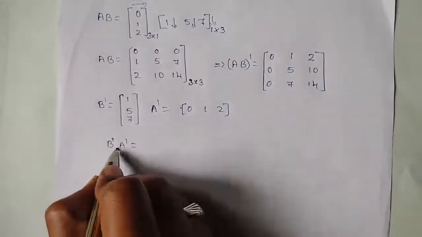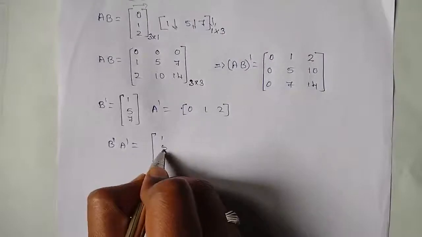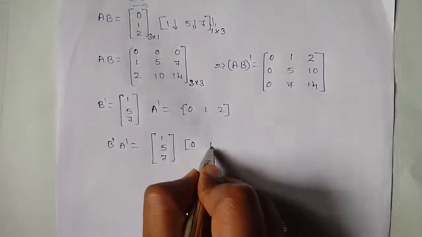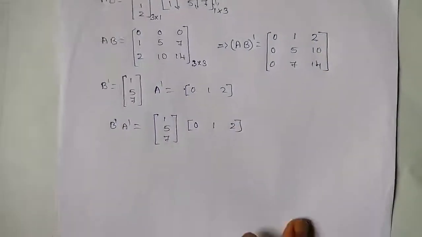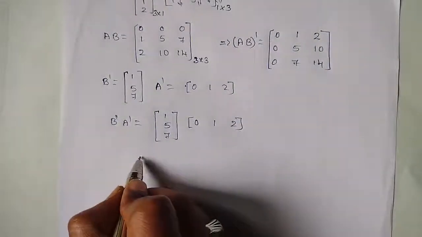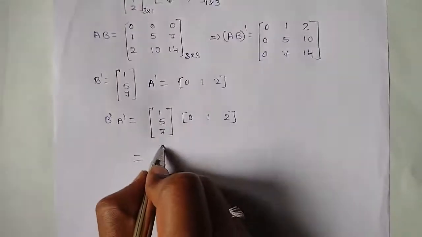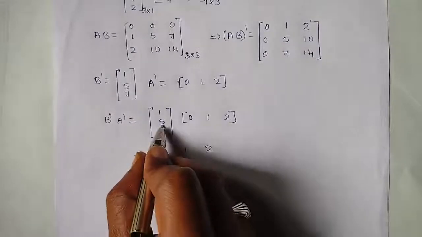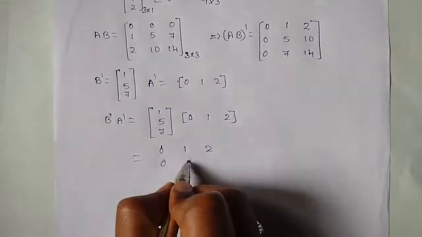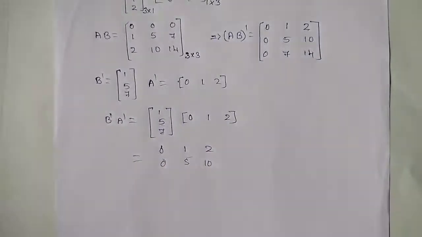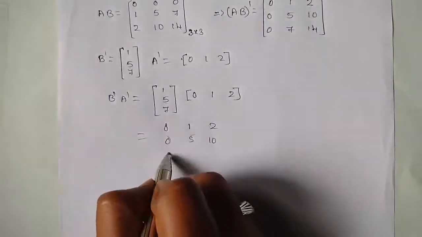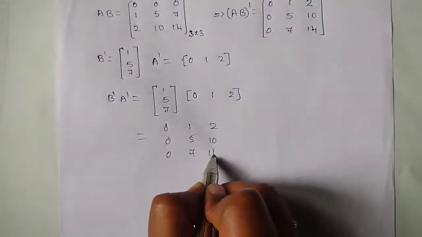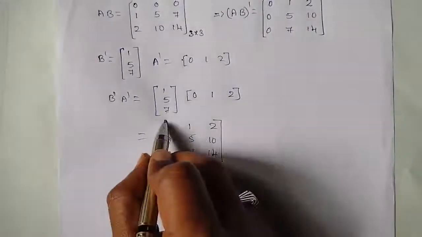From 1: 1 times 0 is 0, 1 times 1 is 1, 1 times 2 is 2. Next from 5: 5 times 0 is 0, 5 times 1 is 5, 5 times 2 is 10. Next 7: 7 times 0 is 0, 7 times 1 is 7 and 7 times 2 is 14. Understood how you will get it?